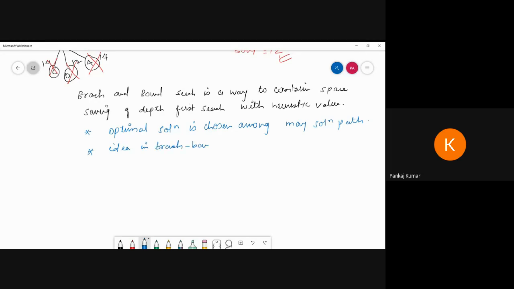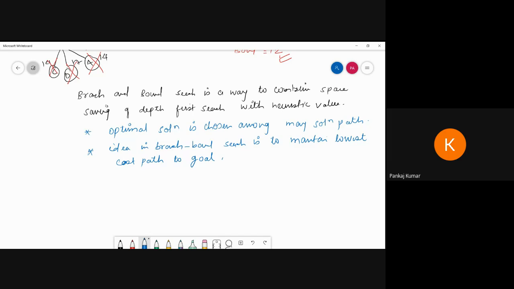branch and bound search is to maintain the lowest cost path to the goal.